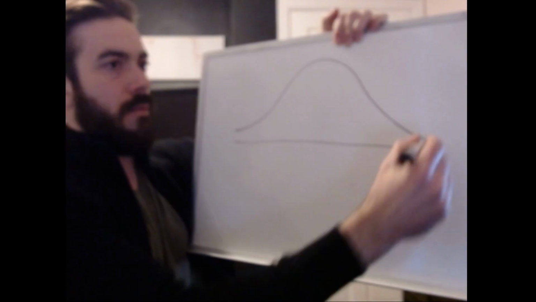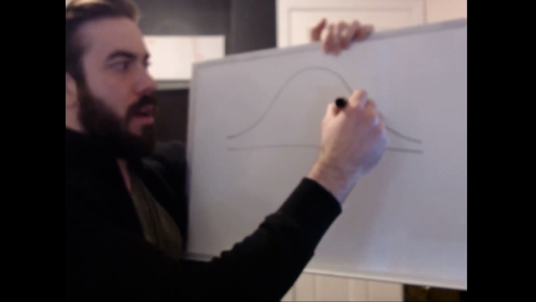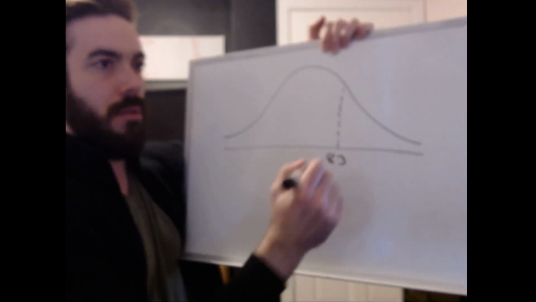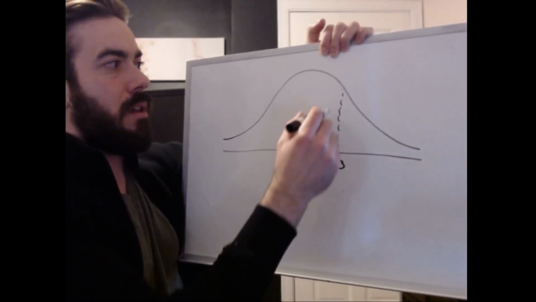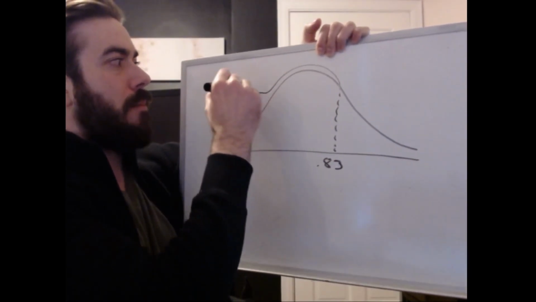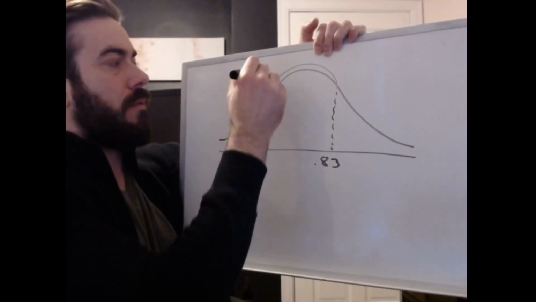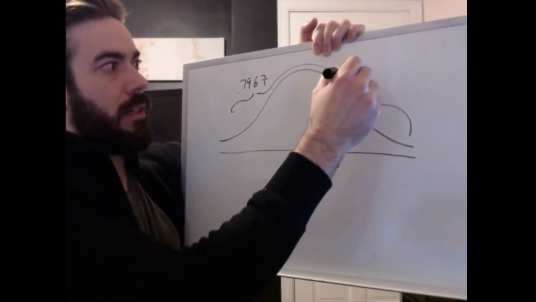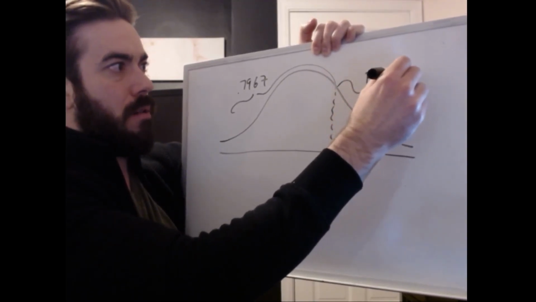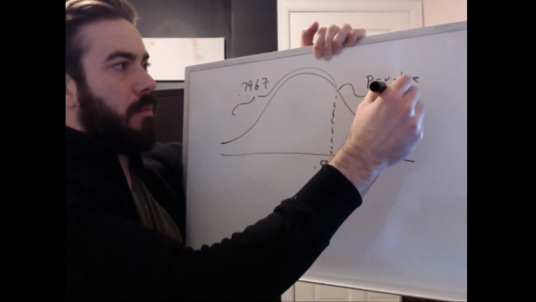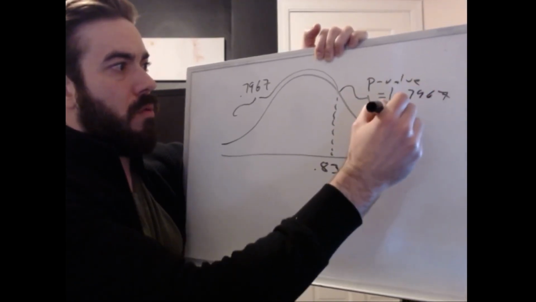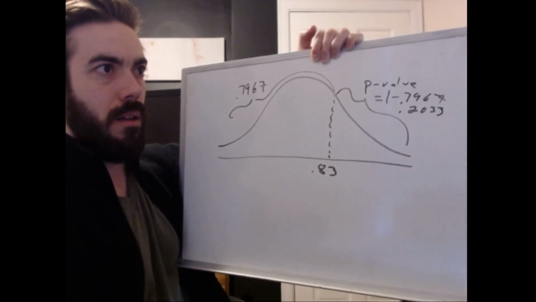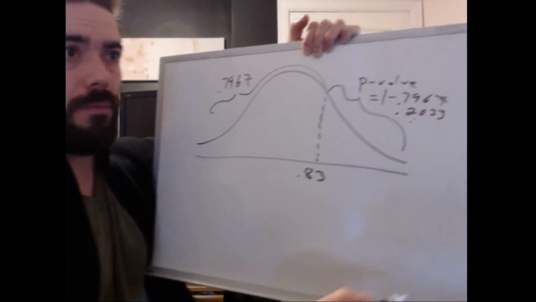We found 0.83, we had a right-tailed test, and when we looked this up, we found 0.7967, if I'm remembering this number correctly. We wanted the area to the right for a right-tailed test, and that represents our p-value. So 1 minus 0.7967 is 0.2033. That's our p-value.